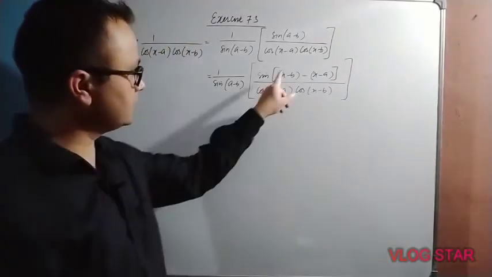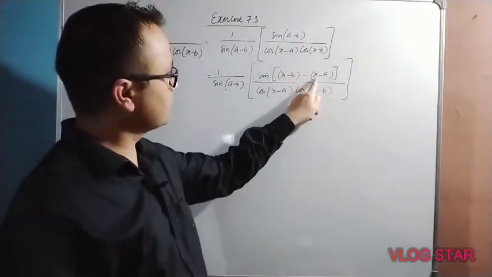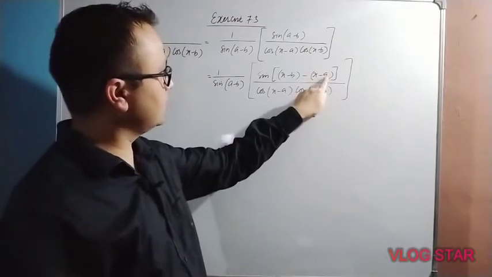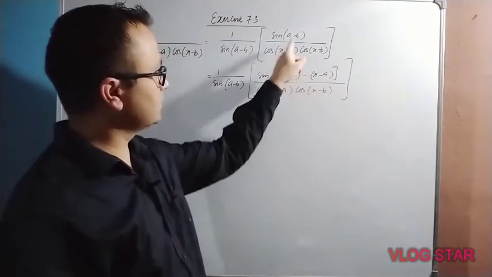If you simplify this, the x cancels, minus into minus is plus a, so we get a minus b.